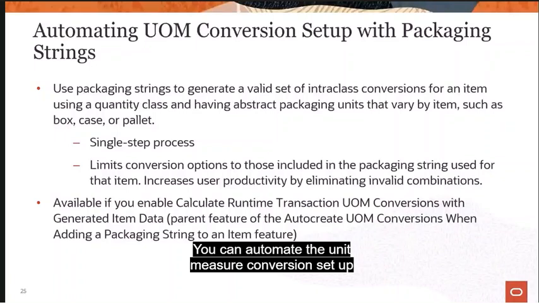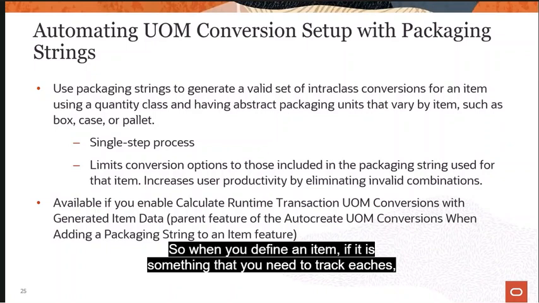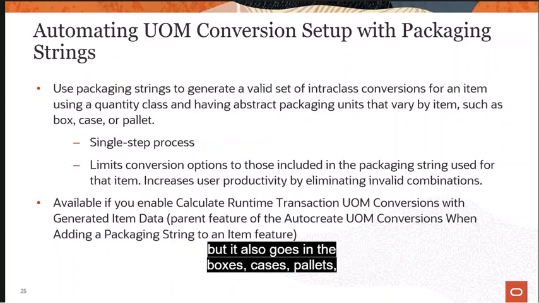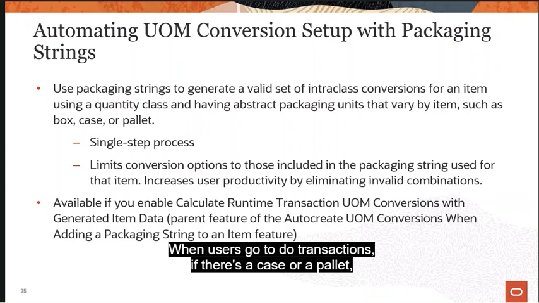You can automate the unit of measure conversion setup with packaging strings. So when you define an item, if it is something that you need to track eaches, but it also goes in the boxes, cases, pallets, you can create that packaging string to speed up the transaction process.